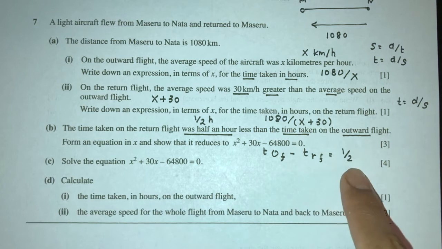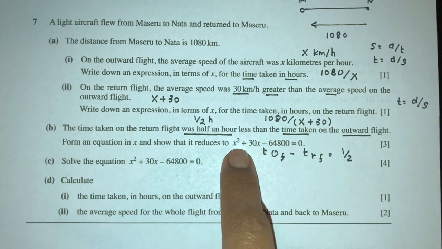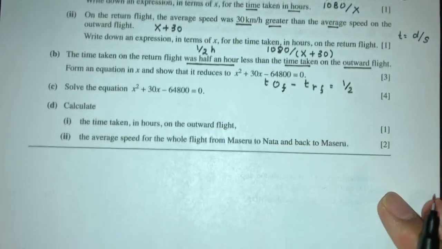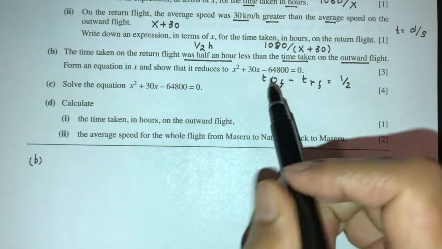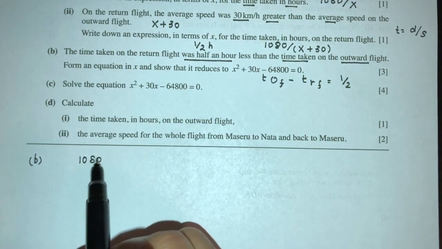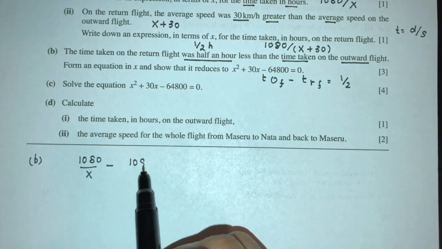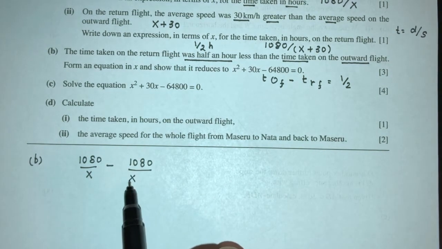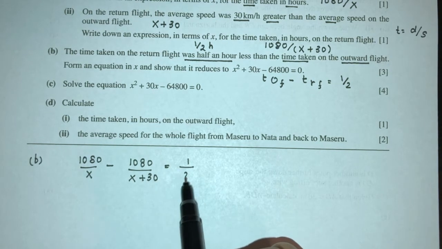More minus less will give you half, right? So using this information, we have to show this is the equation that we have. We use the previous values we know. What is the time taken of the outward flight? We know it is 1080 over x minus the return flight, 1080 over x plus 30, equal to half.